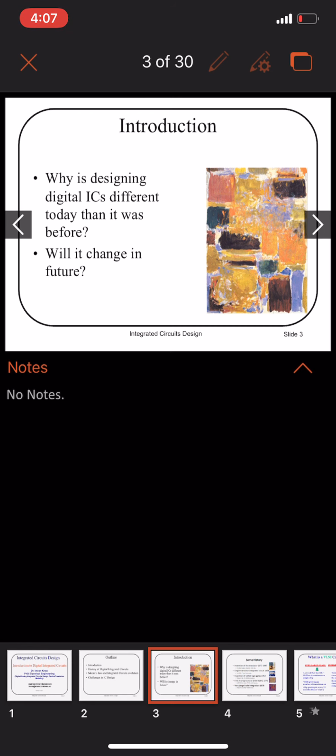So you are scaling down the transistor. Scaling down the transistor means that you need different design techniques, and you also want low power designs because you want to control power dissipation inside your digital ICs. So these are the main reasons your integrated circuit design techniques are changing.